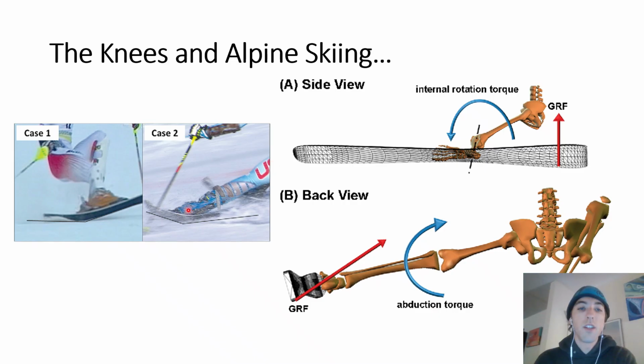The downhill ski takes all of the weight, and we have ground reaction force coming up from the inside edge, and we get a torque onto the knee into the abduction position, where this knee is coming down, the ski is going up, and these moment arms just multiply the force, and we get an incredible amount of force acting on the joint.